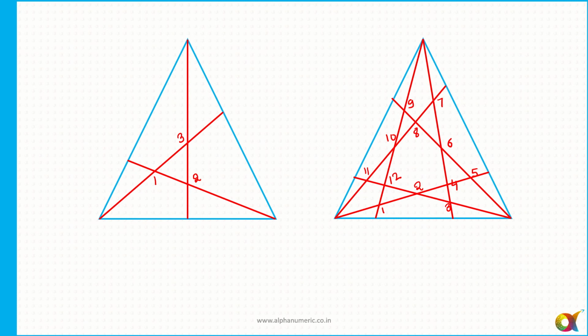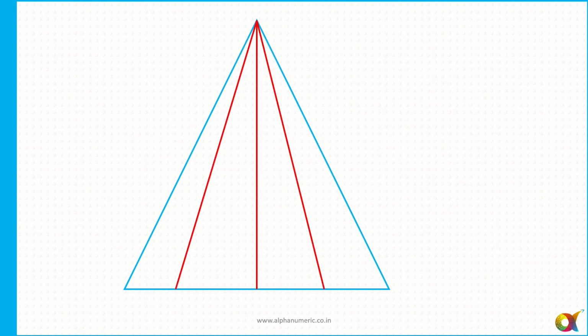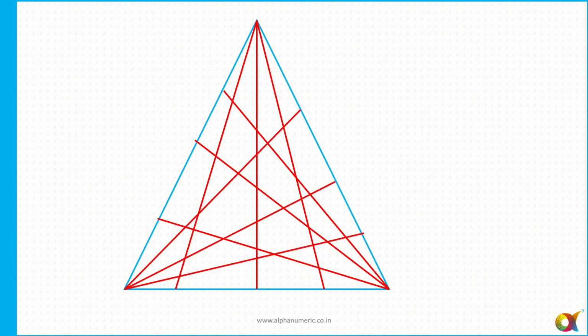All right. Now, if instead of two lines from each of the vertices, there are three lines from each of the vertices, then how many points of intersection are there? Now it will be difficult for us to count, but let's say we can count it here. Let's say this is 1, 2, 3, 4, 5, 6, and 7. Then 8, 9, 10, 11, 12, 13, 14.